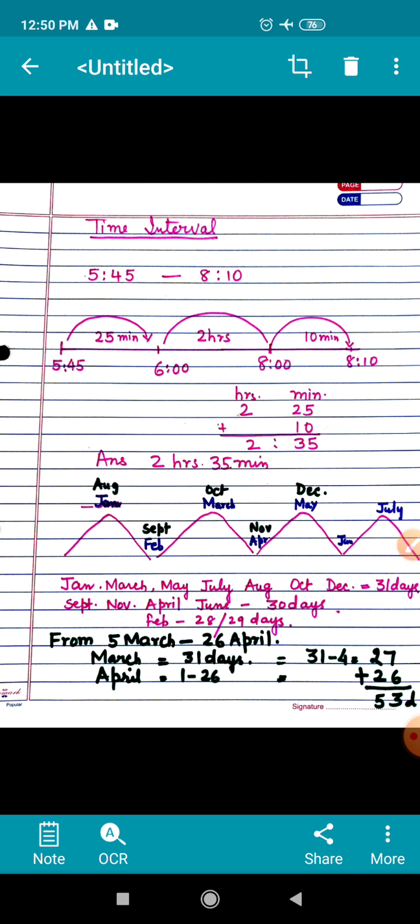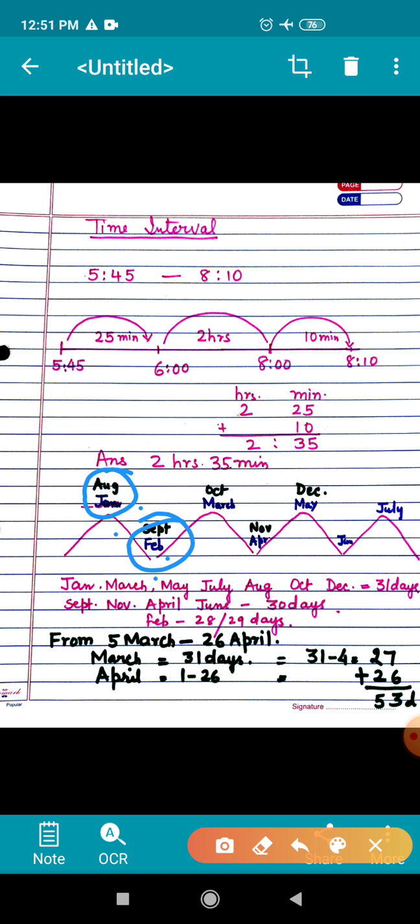Now similarly we can calculate time interval between days, starting day and the ending date. So children, as you all know, there are 12 months in a year, and you see this, the month names that come on the top have 31 days, and the month names that come down have 30 days. Okay.